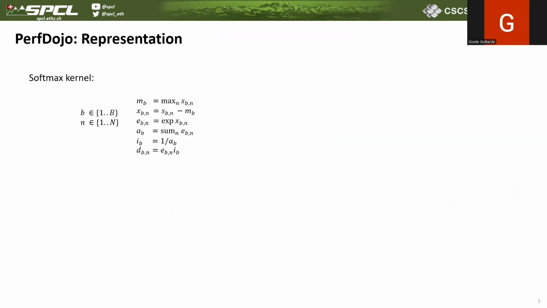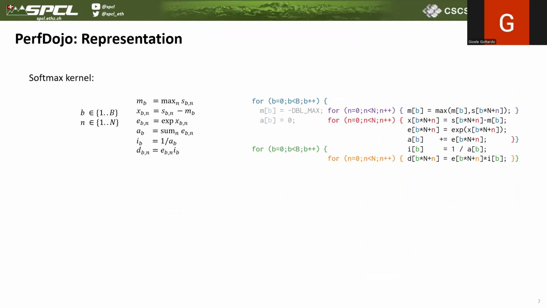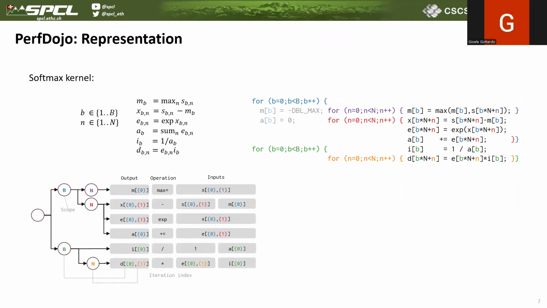Okay, so this was an overview of the whole system. Now let's dive deeper into PerfDojo and see how we represent kernels in PerfDojo and how we transform them. To do so, we use a very simple example. In this case, it is the softmax kernel that in C could be implemented like this. Now, in PerfDojo, we represent this kernel with the following ordered tree.